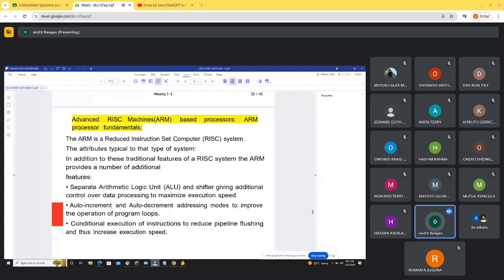It has additional control over data processing to maximize the execution speed. It also has the auto-increment and auto-decrement addressing mode to improve the operation of program loops.